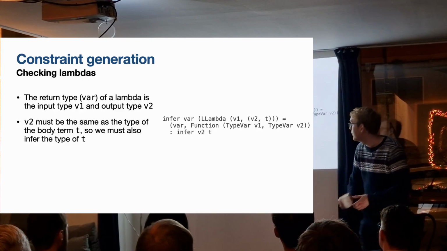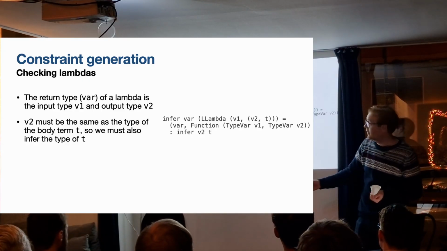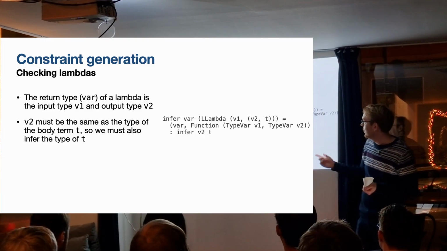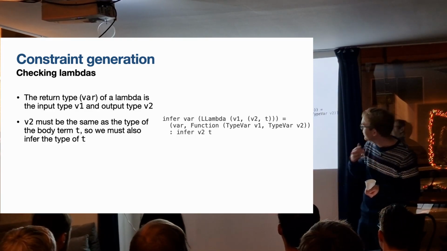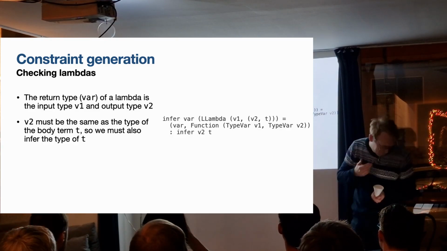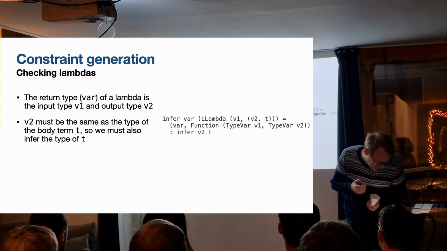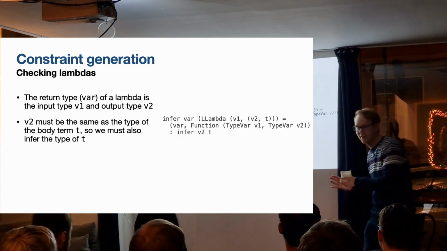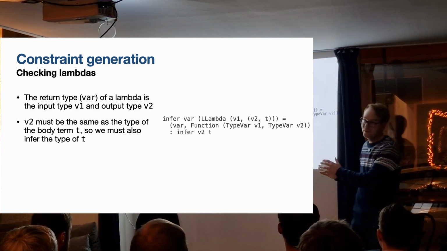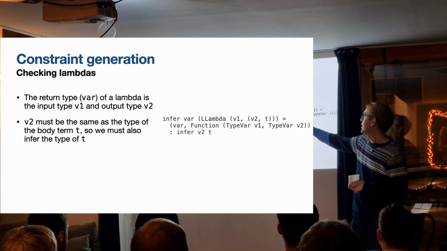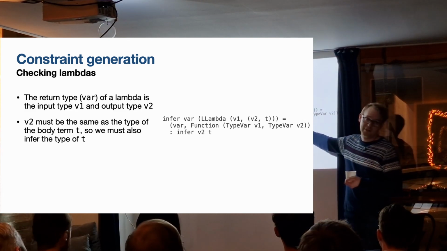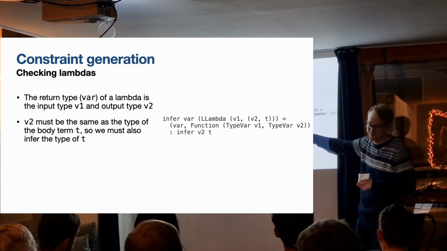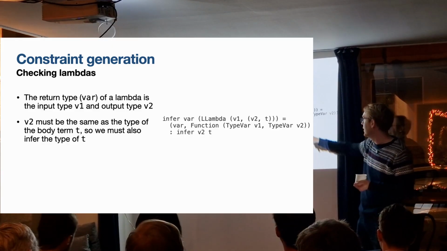Okay, so if we want to generate rules for lambdas, if you have a lambda term, we know that it should unify to a function. And the input type of the function should be the same as the first term here, because that's the argument to the lambda.